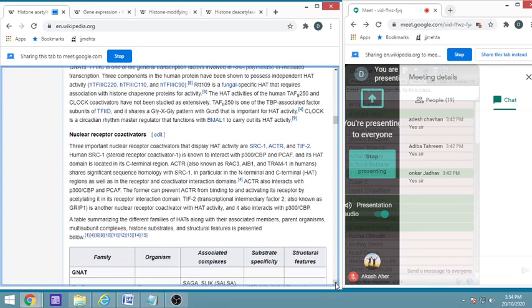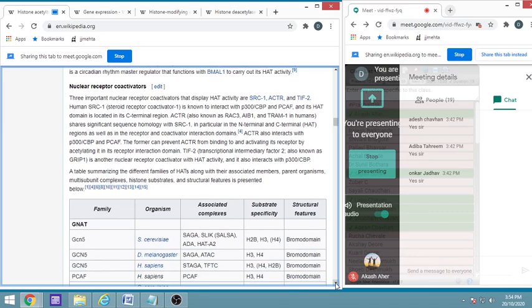A few more important proteins are what we call nuclear receptor co-activators. There are three important nuclear receptor co-activators that display histone acetyltransferase activity: SRC1, ACTR and TIF2.